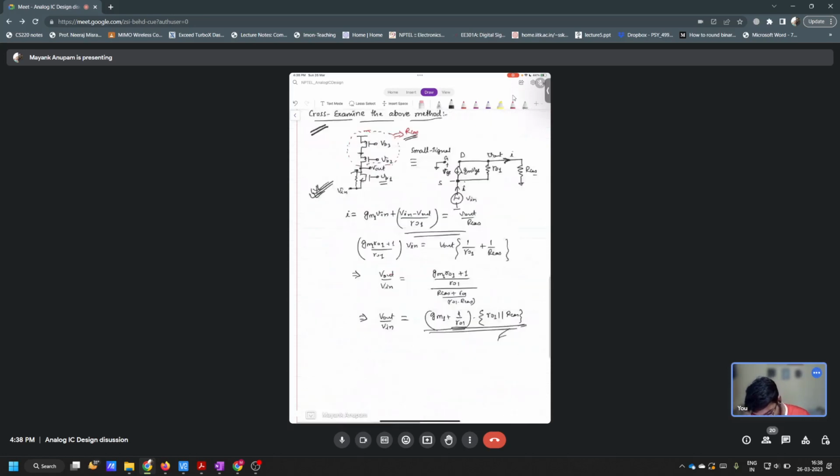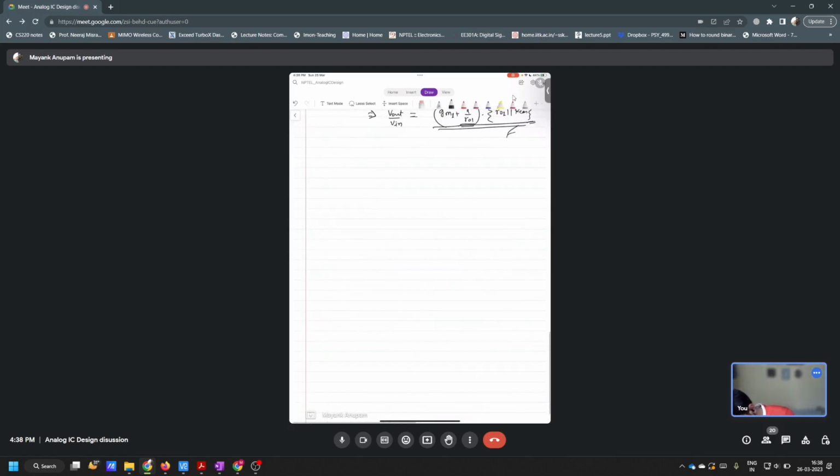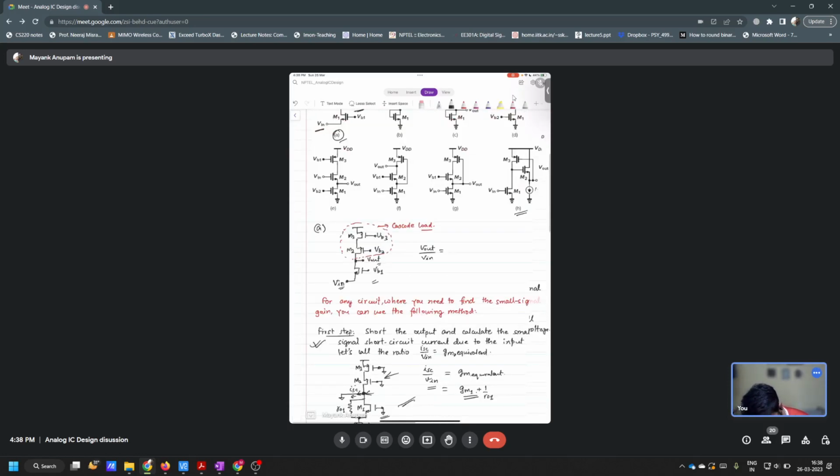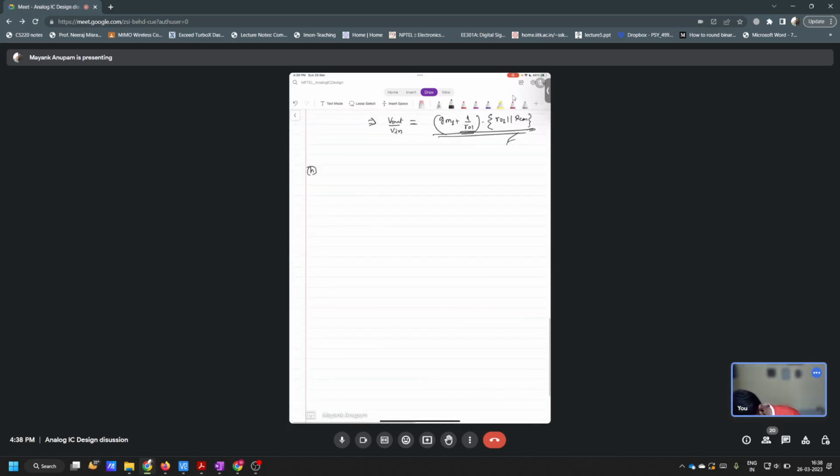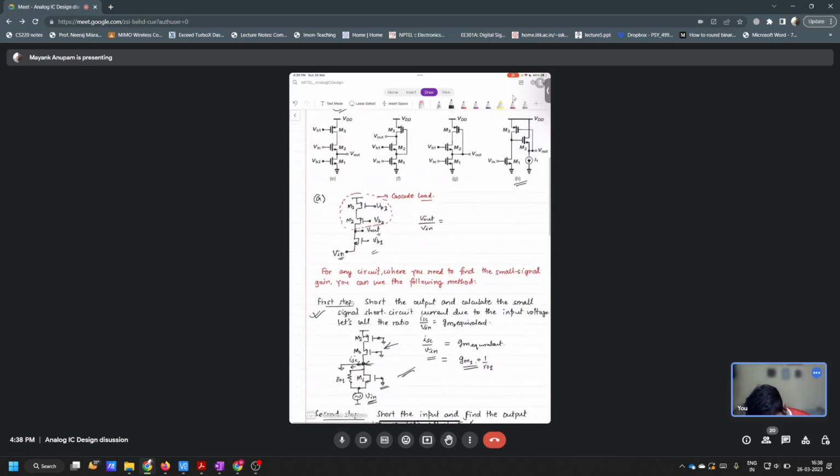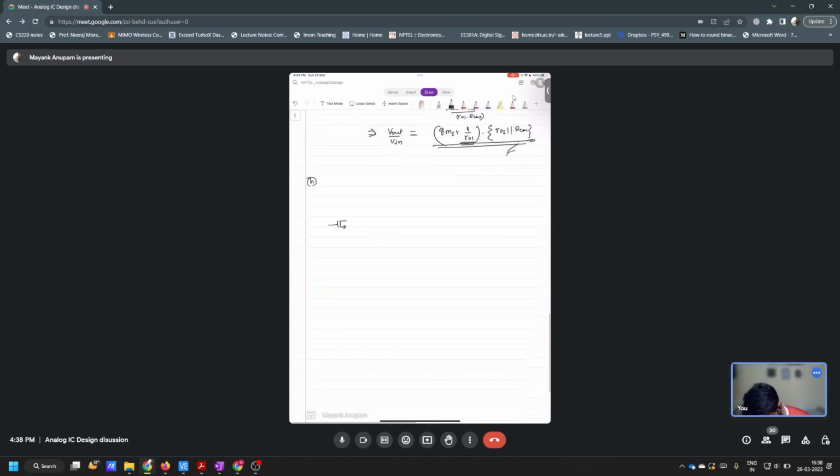Fine. For the H part, we have this MOSFET, and then we have another MOSFET here which is connected.